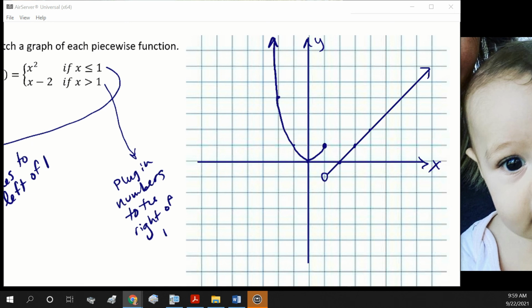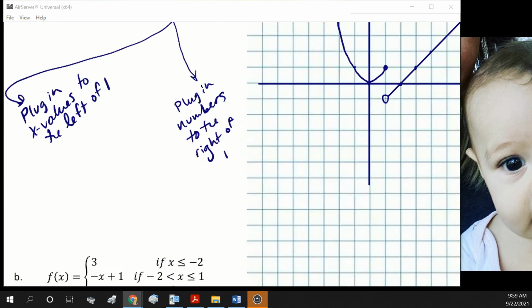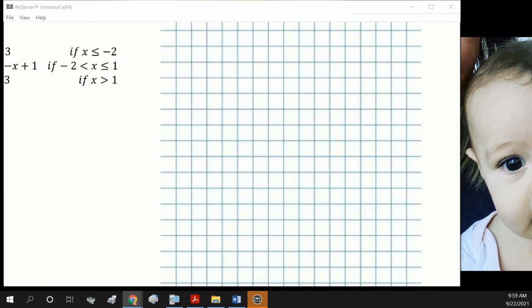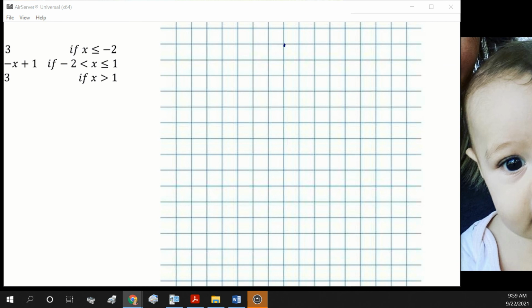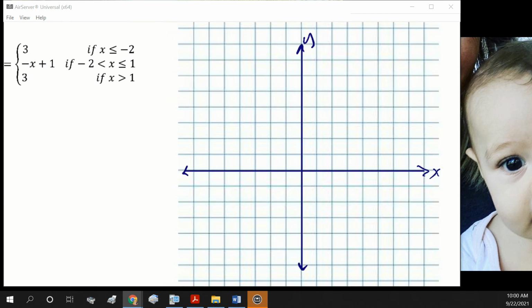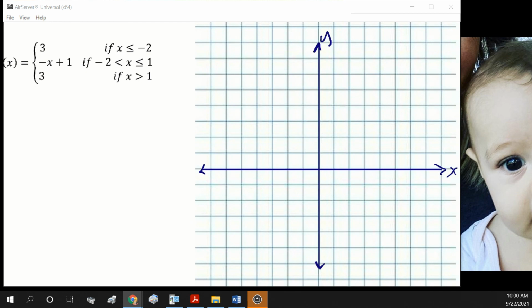All right, we're going to do another one. Okay, for B, we have 3 pieces. So I'm going to go ahead and draw my axes. Right.